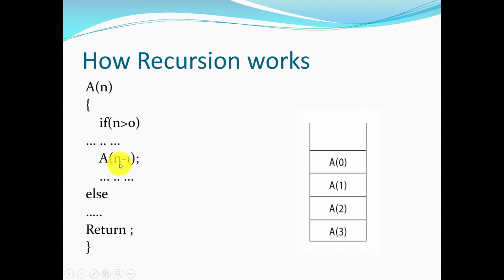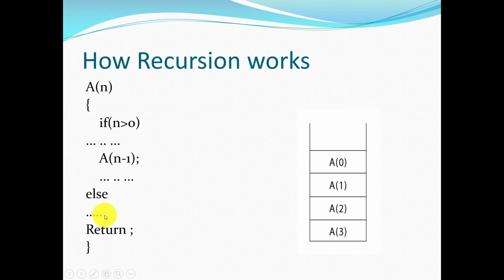Again it calls 1 minus 1, which is 0. Here, whenever recursion calls, we have to stop by giving a condition. When it reaches A of 0, it checks if n is greater than 0. Now the recursion terminates, because 0 is not greater than 0, so it goes into the else part.